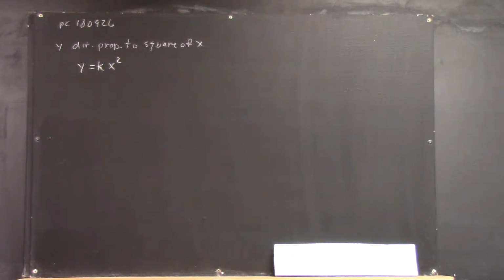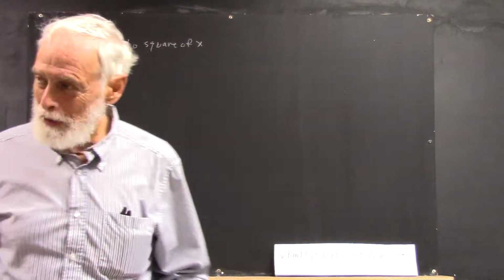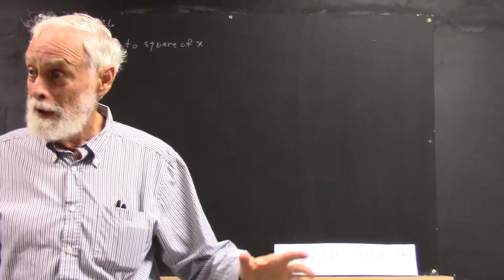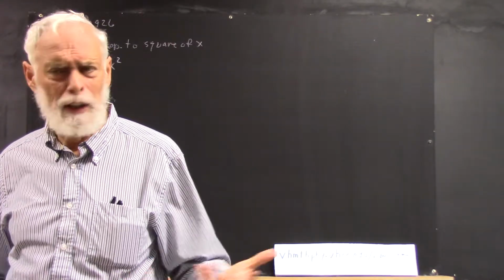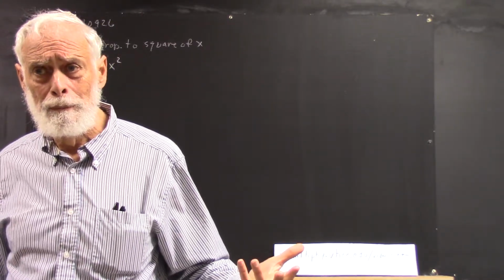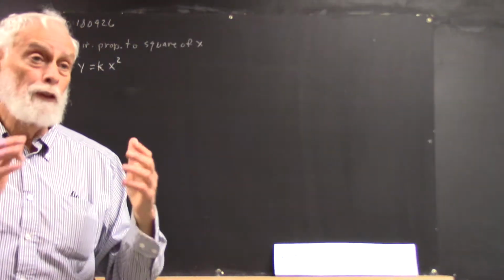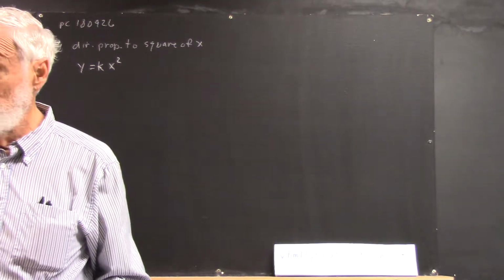Okay? You know, y proportional to aardvark means y equals k times aardvark, right? Whatever aardvark is, and if aardvark is x squared, then that's what it is. Does that help? Y directly proportional to something means y equals k times something, whatever that something is, right?